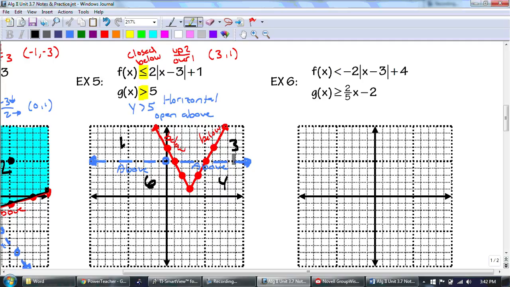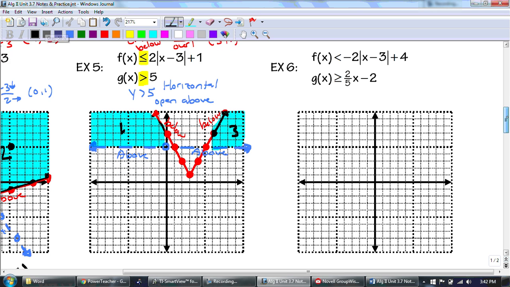To be above the blue, that's not 4 and that's not 6. So above the blue would be 1 and 3. Isn't that kind of crazy? Yeah, I like this one.